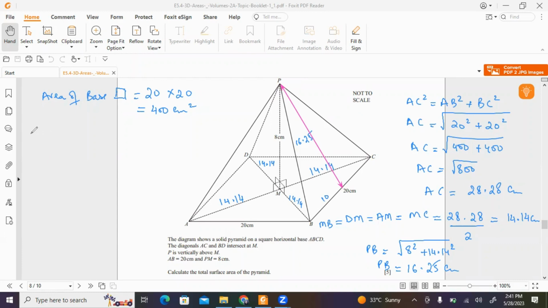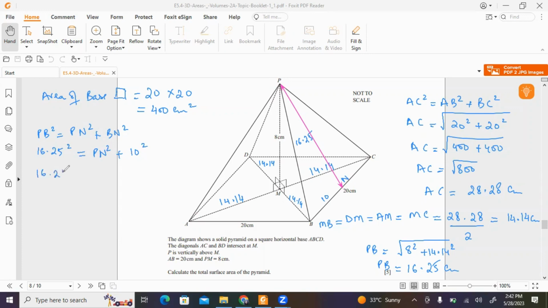So for the height, we're going to do PB, and let's call this point N. PB squared equals PN squared plus BN squared. What we're trying to find is PN right now. So PB squared was 16.25 squared, PN squared is our unknown, and BN squared is 10 squared.